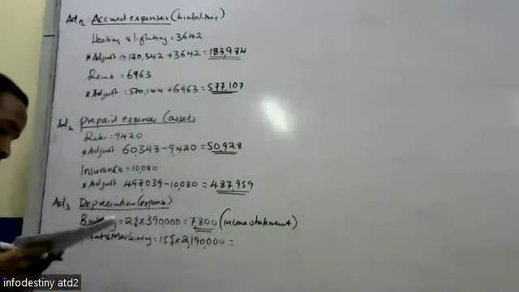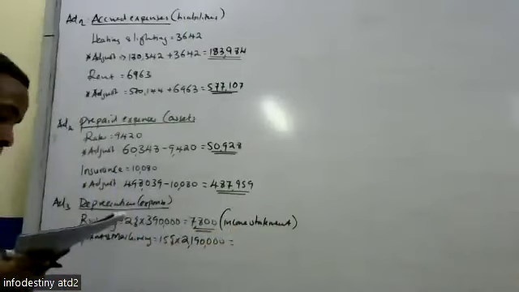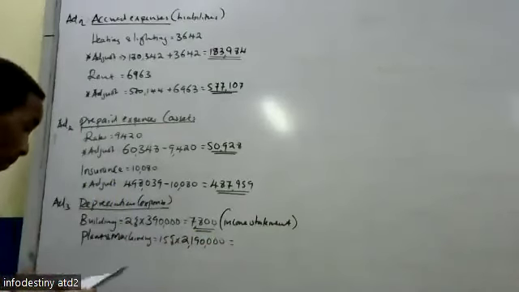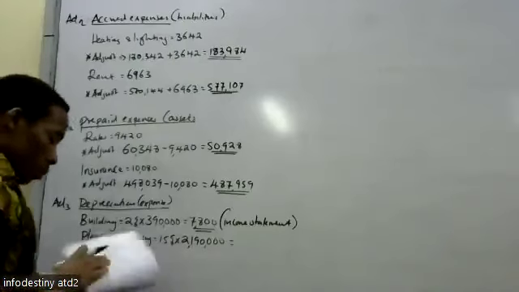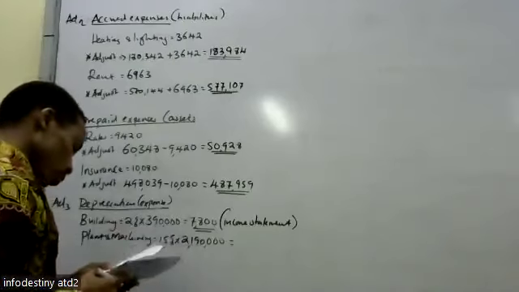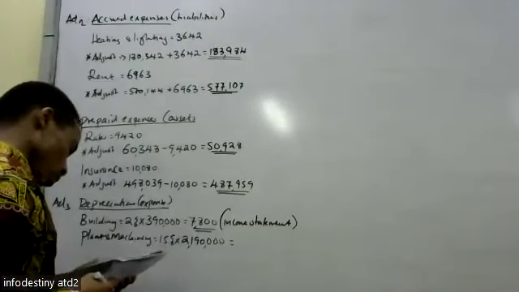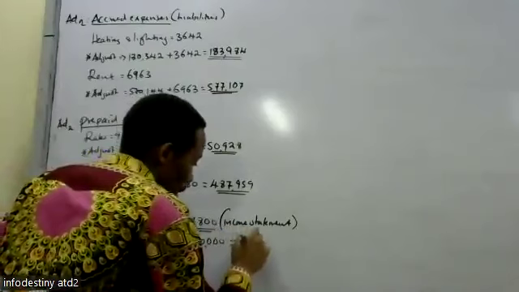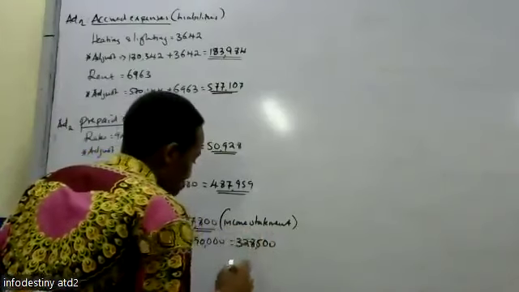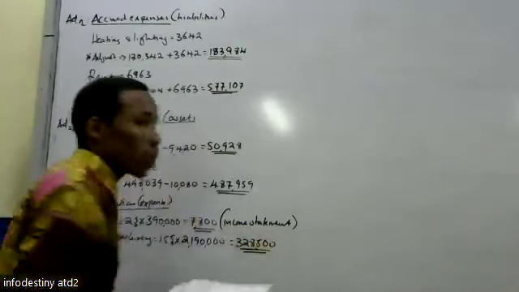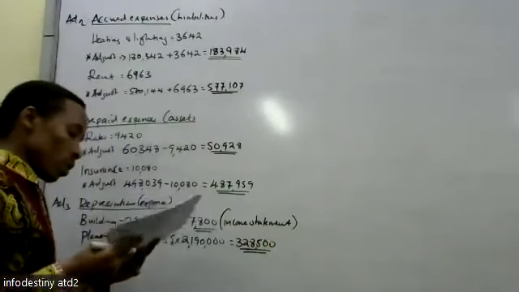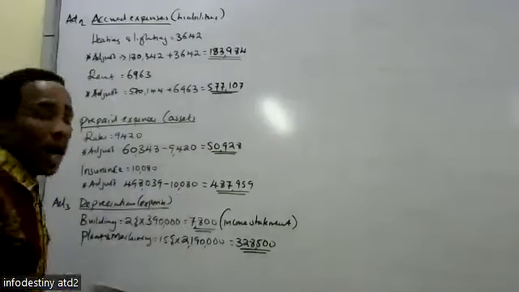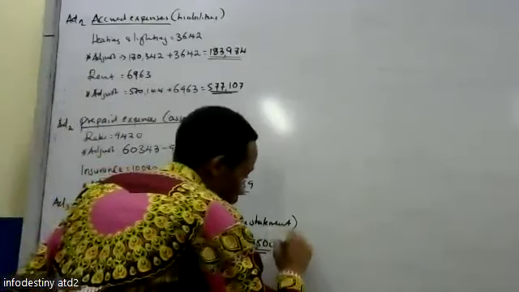So we get 15% of 2,190,000, which is $328,500, and we've been told that it has been classified to factory. So that means it should be recorded under the manufacturing account.